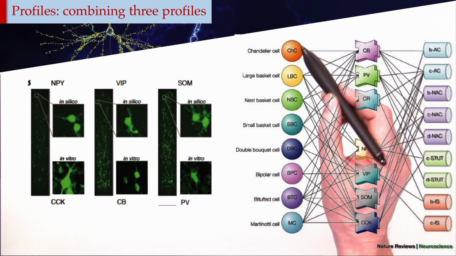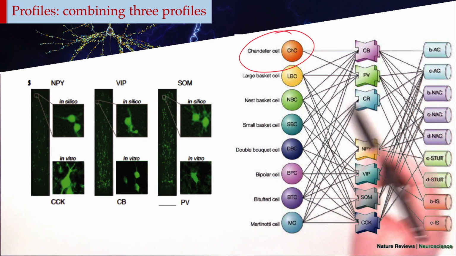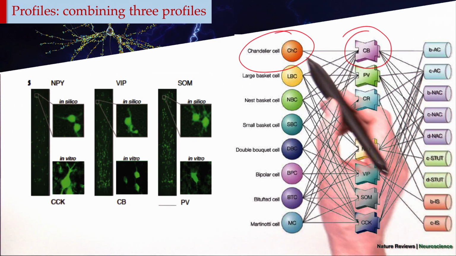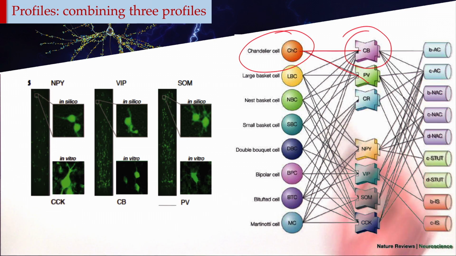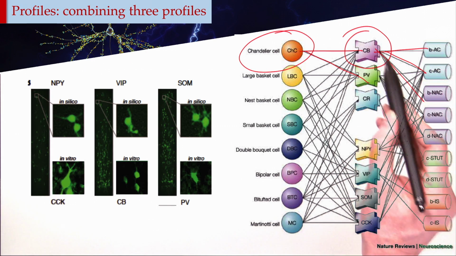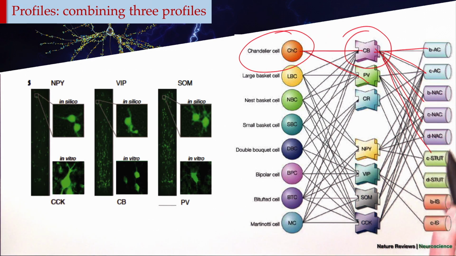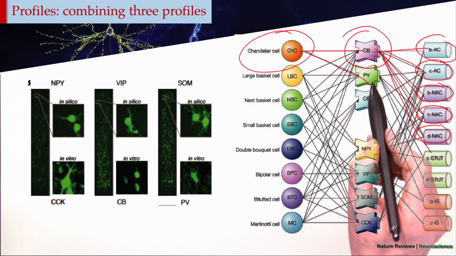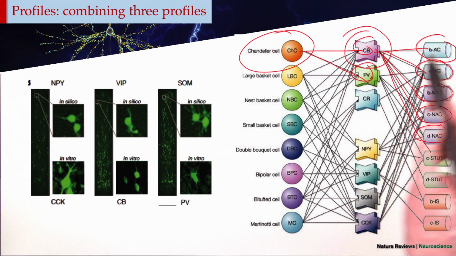You can say, I have this kind of morphology, it expresses these proteins, and in this case, it is expressing 2 different kinds of proteins, and it will have 1, 2, 3, 4, 5 different electrical behaviors. So you have this cell expressing these 2 proteins, and it has 5 different electrical behaviors.